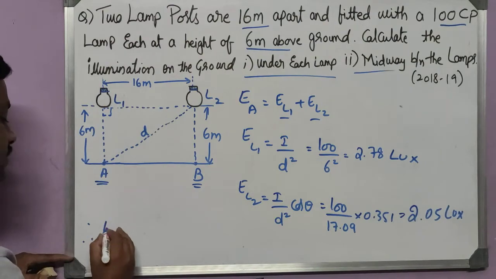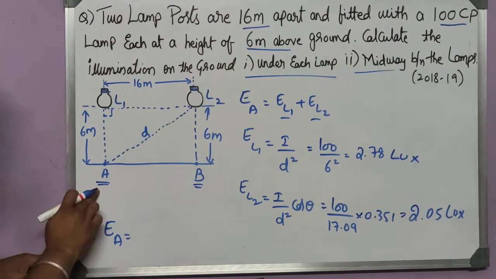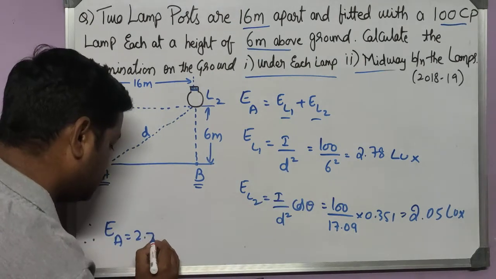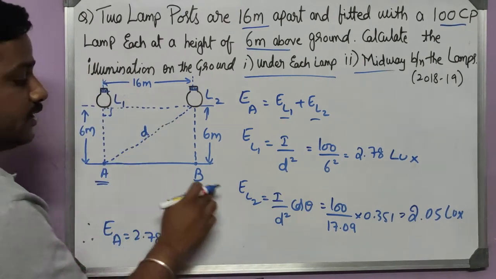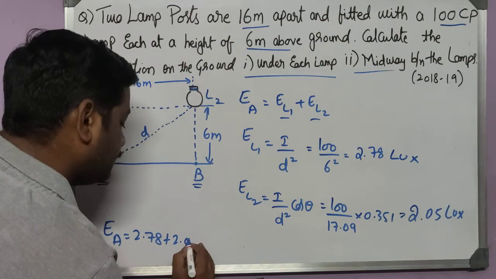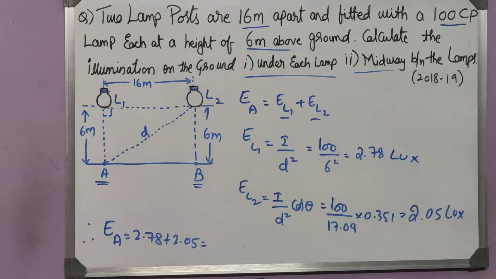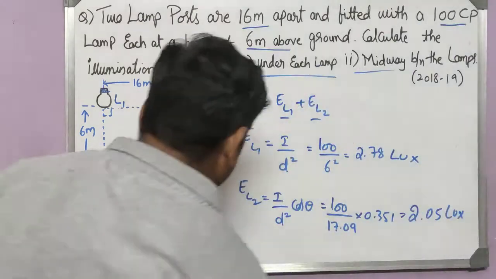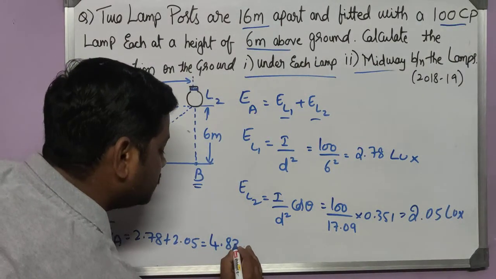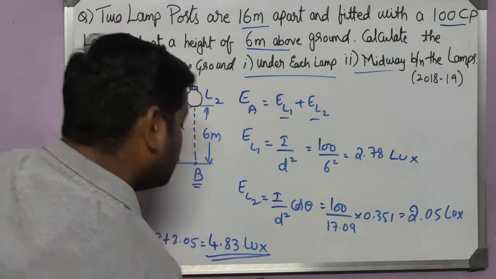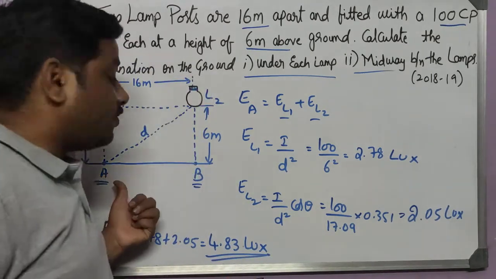Therefore I can say the illumination at point A is illumination because of lamp 1, that is 2.78, plus illumination due to lamp 2, that is 2.05. Once we add these two, we get 4.83 lux. Don't forget to write the units. So we got the illumination at point A.